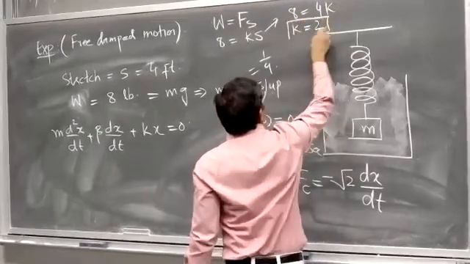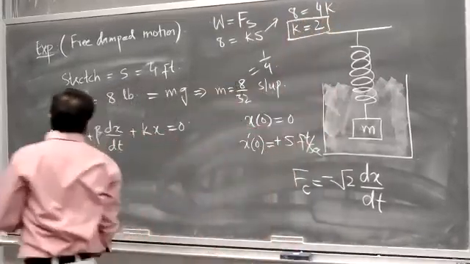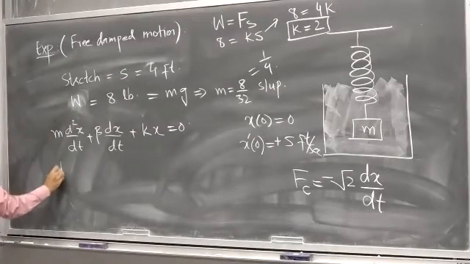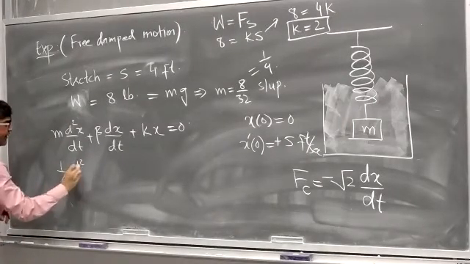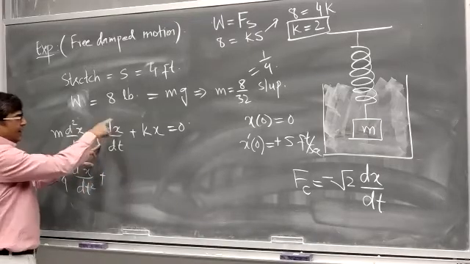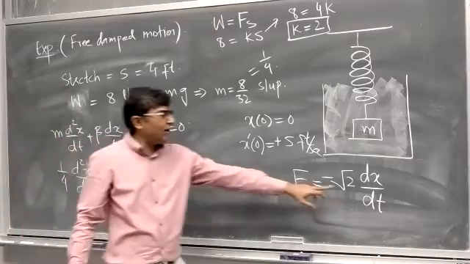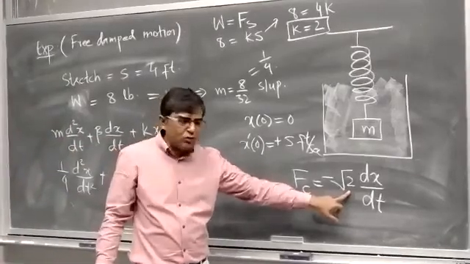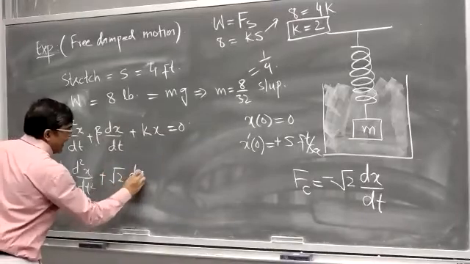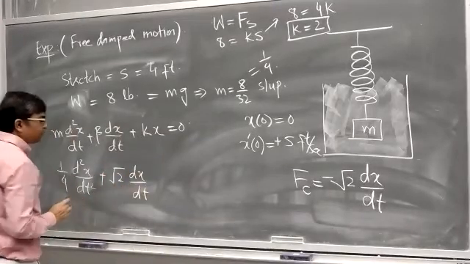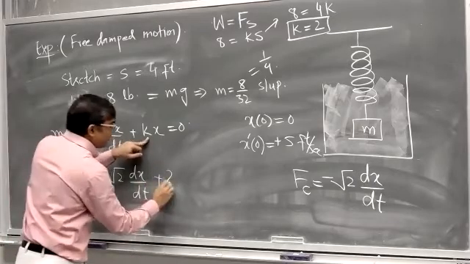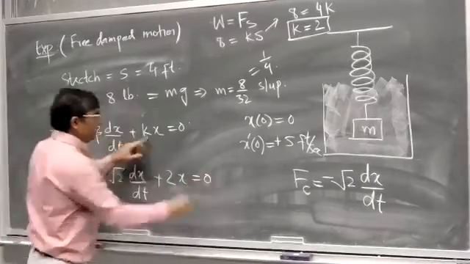So we obtain all the things here. The equation is 1 over 4 d square x by dt square plus beta dx by dt, where beta is square root of 2, so we have square root of 2 dx by dt, plus k, which is 2, times x is equal to 0.